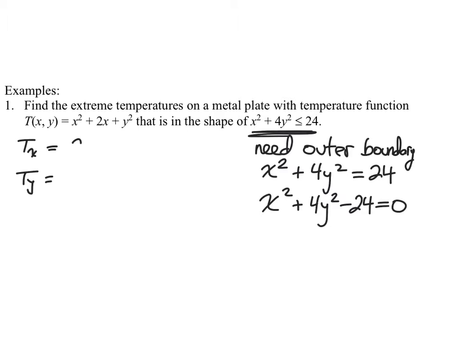So we're looking at 2x, sorry, plus 2, and then just a clean 2y. All right, this other function, at least the left-hand side, I'm going to define that as g of x, y, lowercase.